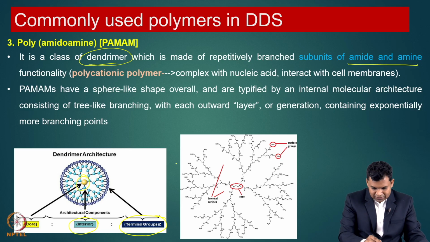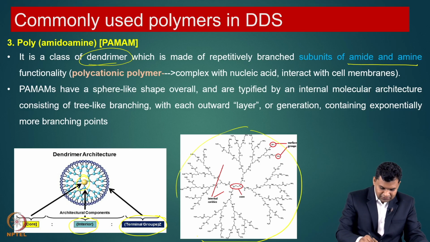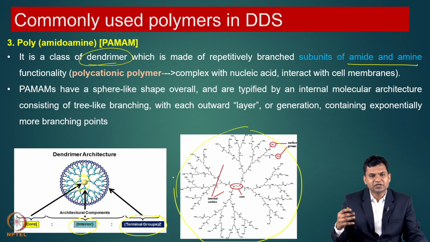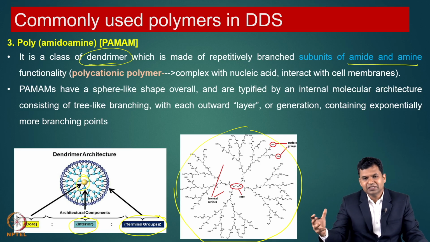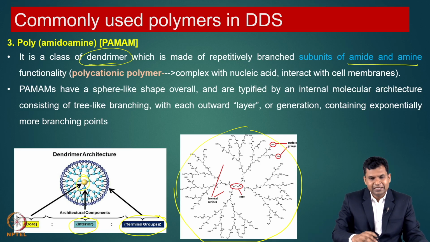You can see this looks like a spear structure and it mimics a spear, and it is able to form dendrimers compared with the other polymers. It looks like a tree-like structure.